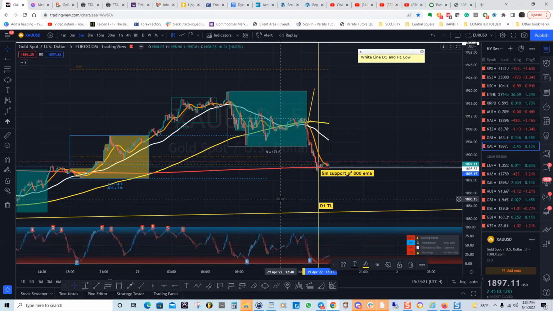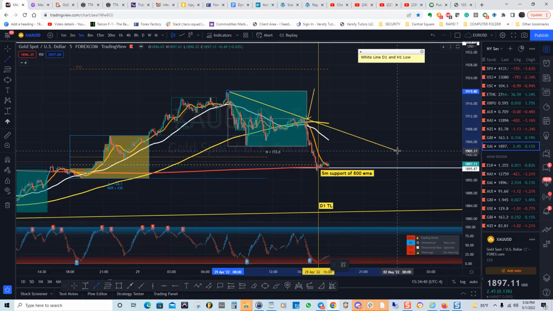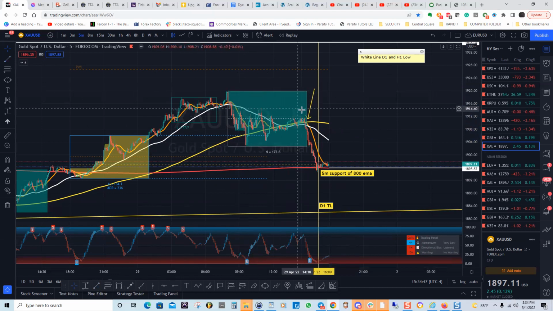Still don't know exactly what's going to happen once the market opens. But on the 5 minute, it's possible that you're going to get a counter. It's going to bounce off the 800. To break that is going to be really tough. So more than likely, you're going to get a retest.